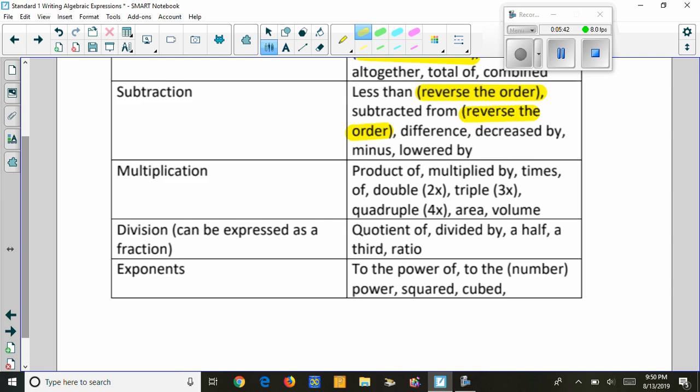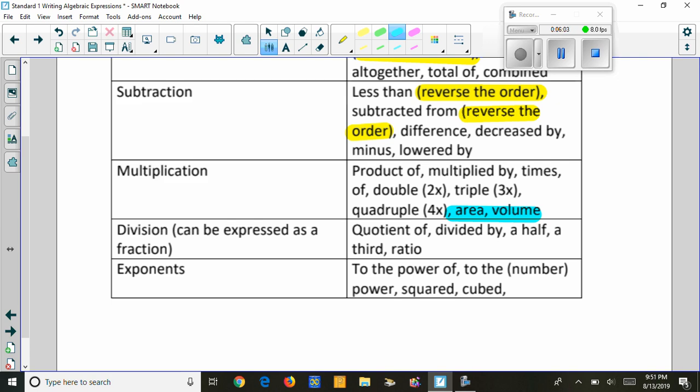And then we also have a few geometric pieces, such as area or volume. If we ever see area or volume, they are telling us they want us to multiply some numbers together. And we'll see that later on in the chapter.